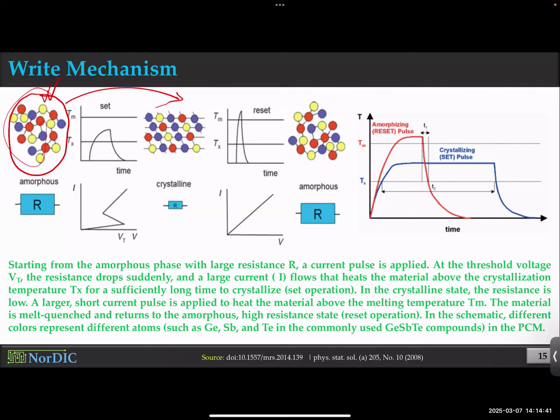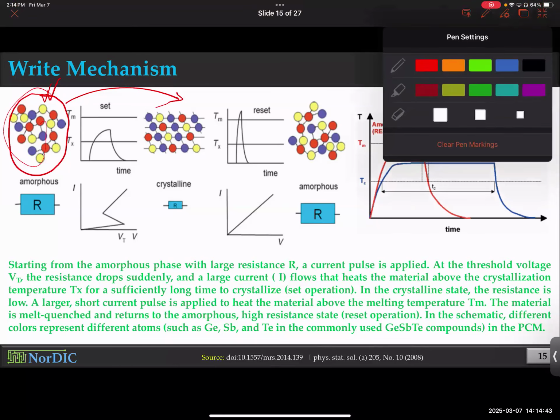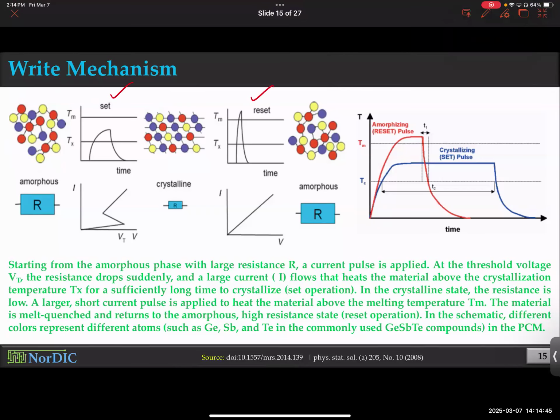That's the key. Okay, take a look at these 2 pulses. We basically use current pulses to melt. So we'll be melting them anyways, for sure. But in one situation, we'll be giving the material more time than the other. So when you rush, atoms don't get enough time to organize and create a single crystal or crystal structure. But when you give it enough time, they organize, they minimize their energy, and they get to a really nice crystal structure.